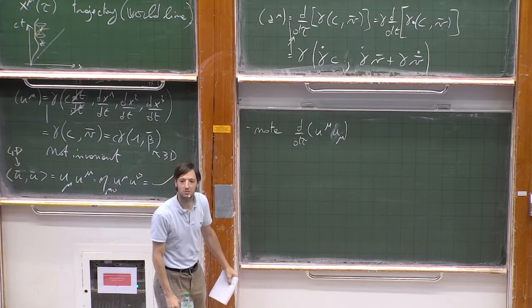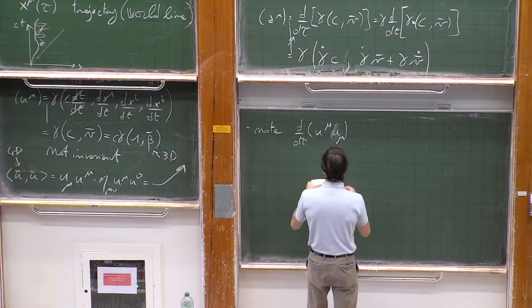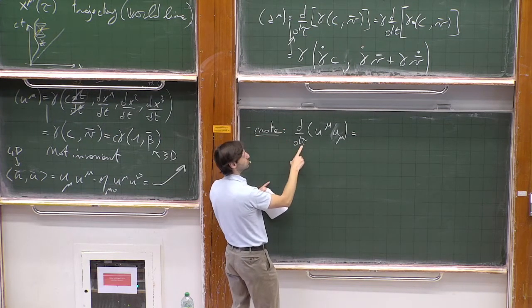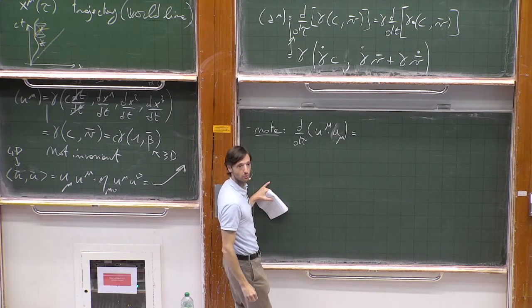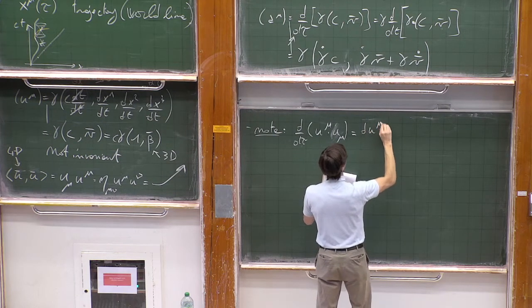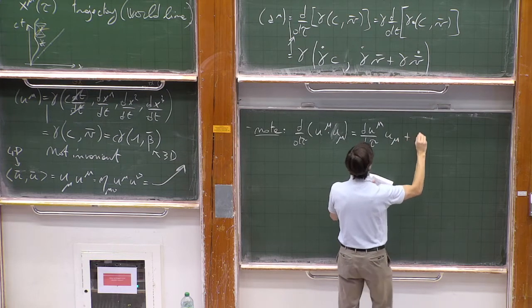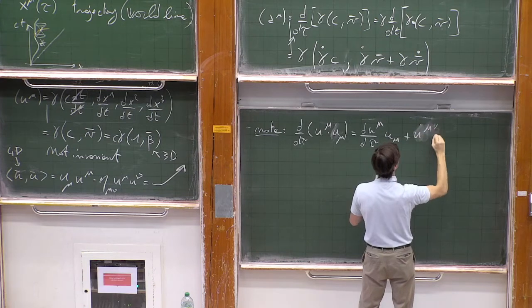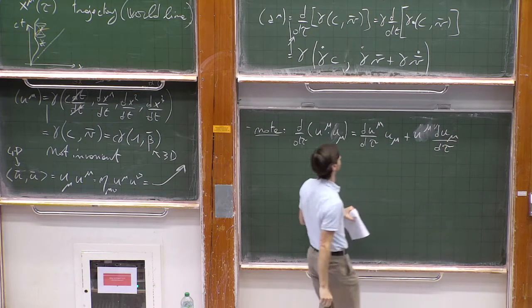You could say, why would you do that? Well, you will see in a moment. So, what do we have? The derivative with respect to the proper time of this product of functions. Therefore, we need to apply the product rule. Therefore, we are going to have the d u mu over d tau times u mu plus u mu times d u mu over d tau.